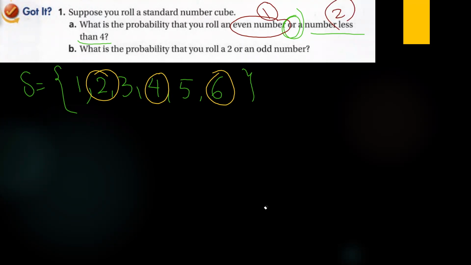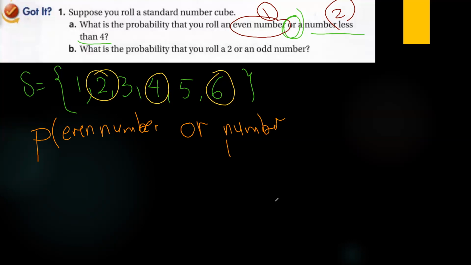So I have 2 events now. I remember that if I have 2 events, I have to say the probability of an even number or a number less than 4.